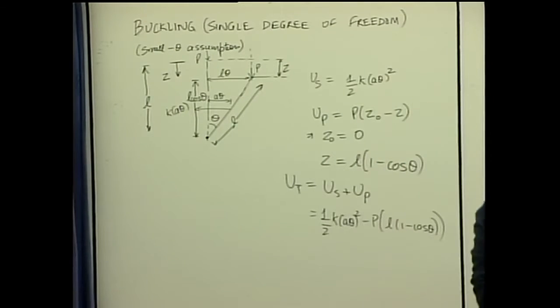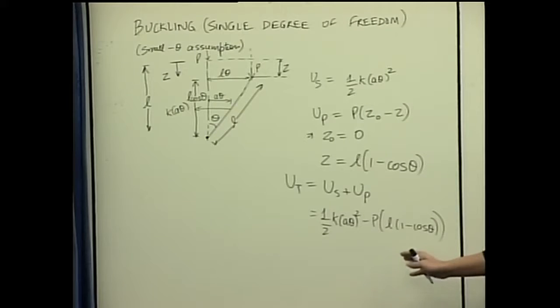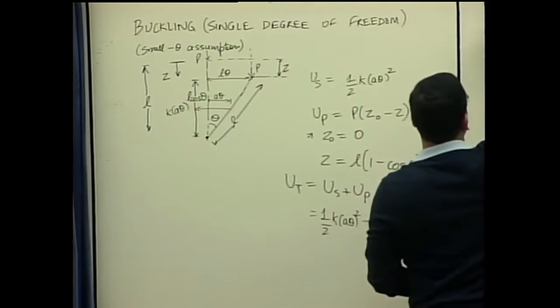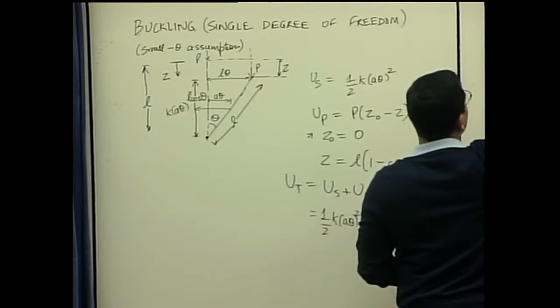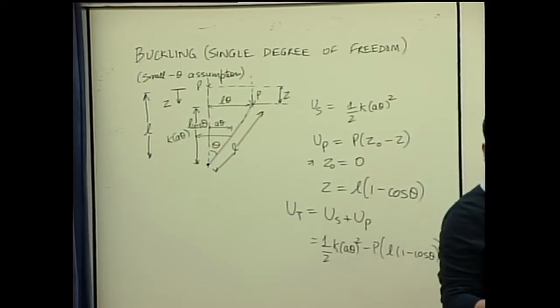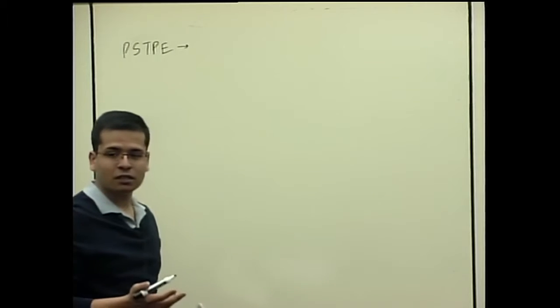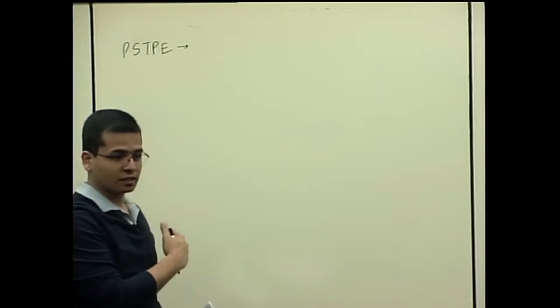Okay, so what do we do now if we want to find a critical path or a critical load? We would identify an equilibrium position, right? So we will differentiate this expression with theta, that's our degree of freedom. So essentially what we are doing is applying the principle of stationary total potential energy, which states that there exists an equilibrium position if the variation in the potential goes to 0 for any arbitrary generalized coordinate, which is theta in this case.